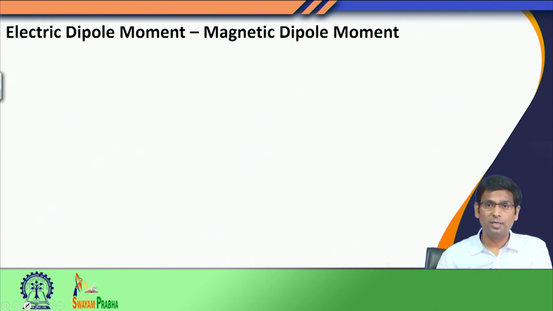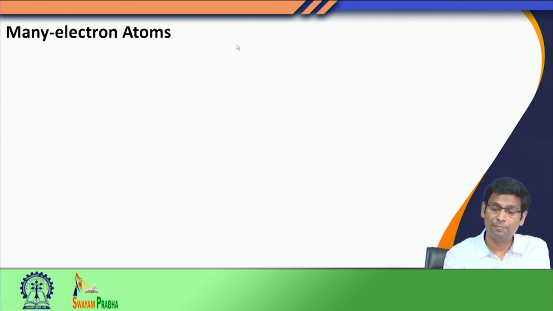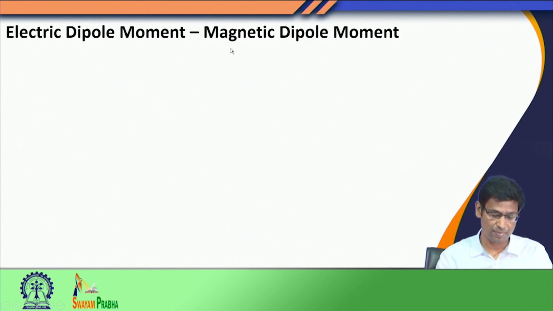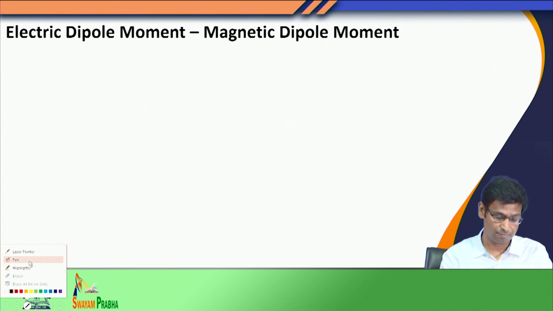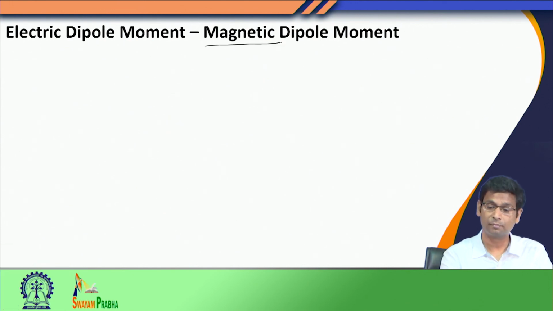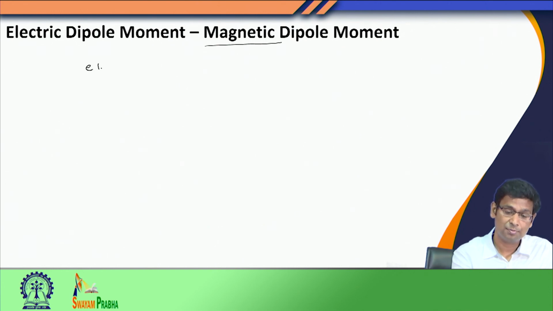Now, one important piece of information. So far, when we considered the transition, we always considered the electric dipole moment as the operator which takes us from the initial state to the final state. But we should also clarify that we can use the magnetic dipole moment to represent the same transition. So we have, of course, the electric dipole moment.